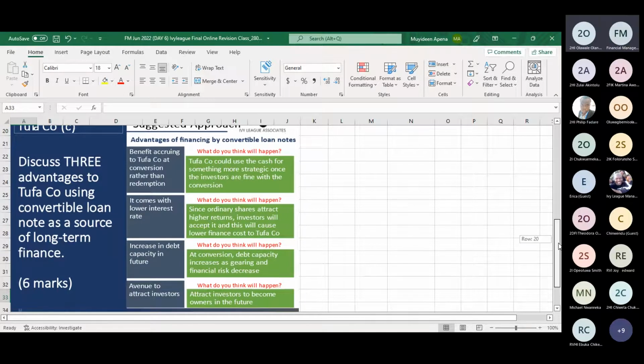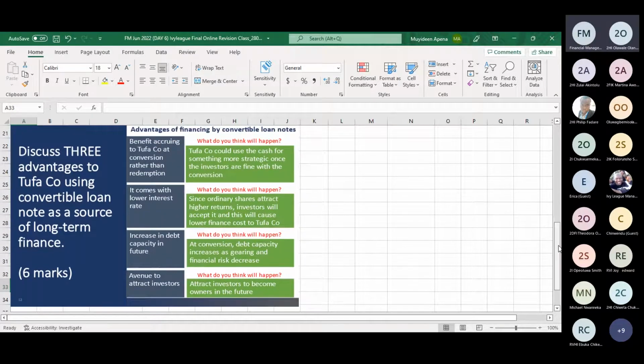The last one here is that there is an avenue to attract investors. Ordinarily, if you call on investors, equity or public, to buy your shares, they may feel reluctant to buy your shares. But if you use convertible loan note to call on investors, it gives them a kind of benefit, that they can become co-owners in future if it makes sense to them.